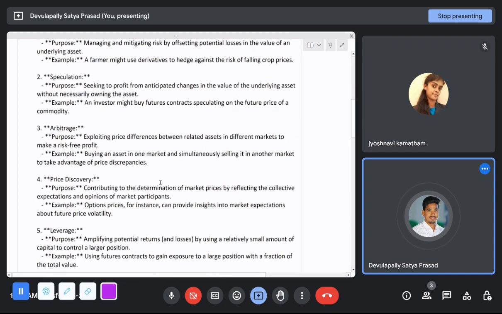Third is arbitrage. Arbitrage is nothing but buying in a lower market and selling the same product in a higher, more expensive market. Let me give a regular example. There is a tomato trader, and he has seen a discrepancy between urban Hyderabad and other areas like rural Telangana. In rural areas the prices are very low, and in urban areas the prices are very expensive.